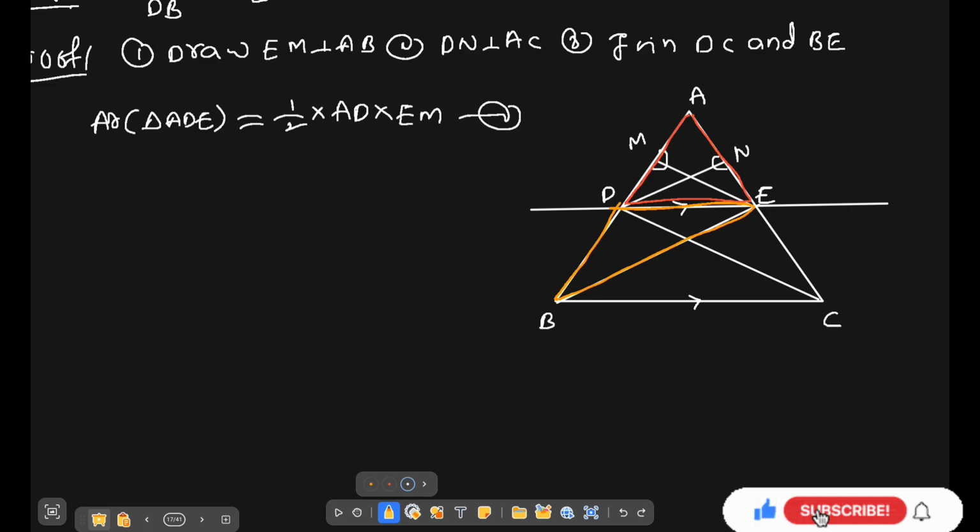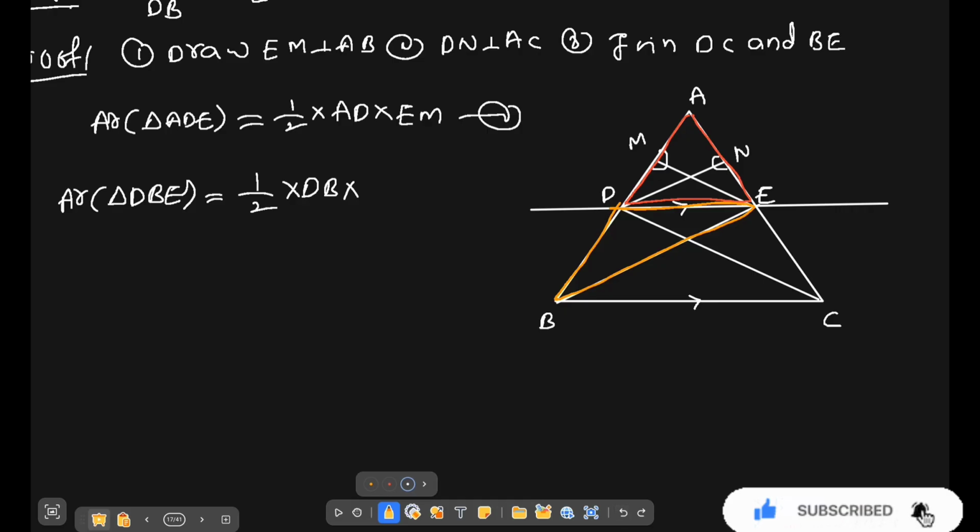So area of triangle DBE is equal to half into base DB and height is the same. For triangle DBE, the height is the same, EM. Let this be equation 2.